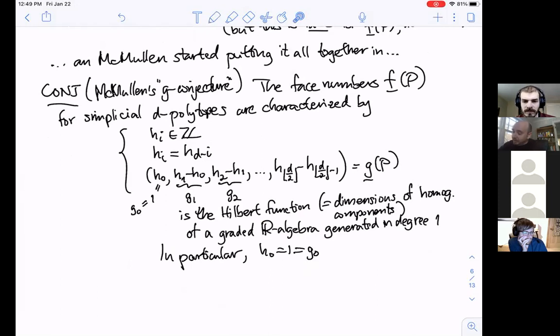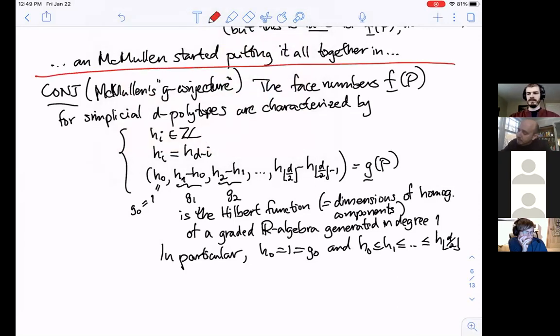And it definitely shows that these things, they're the dimensions of something, so they're greater than or equal to 0. It proves the unimodality in particular. So this G conjecture, as I said, was rather audacious.